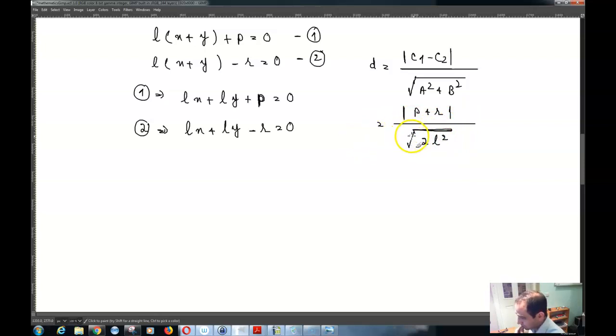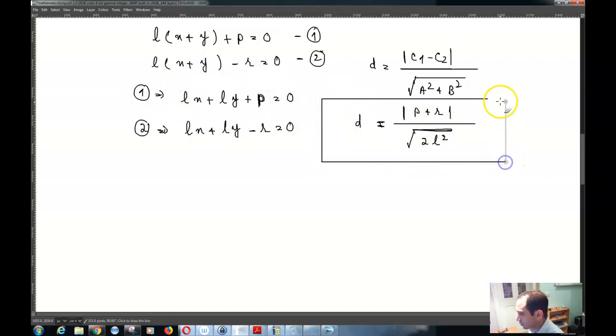But I'm not really going to do that. I'm just going to leave it as it is because I don't have any conditions on these variables here. I don't really know what's going on. So I'm going to write it as d is equal to basically this thing over here. And then if you knew more about this situation, of course you would be able to decide how to simplify this.